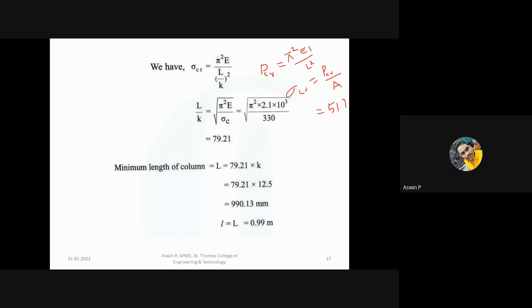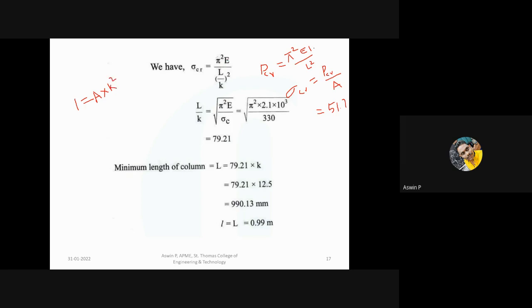Do you know how this equation came? Any guess? Just simple. I is equal to A K square, right?